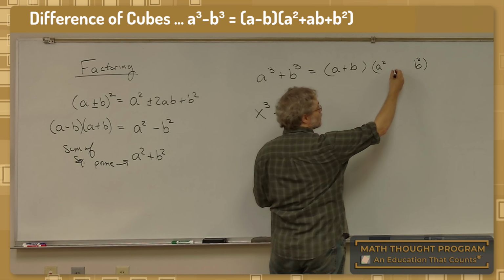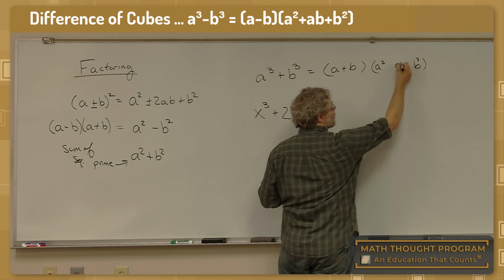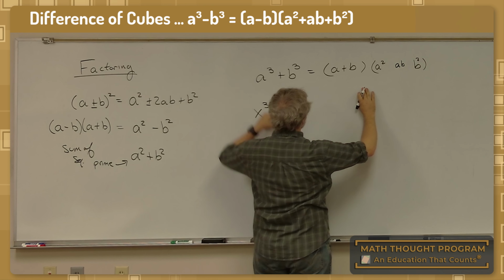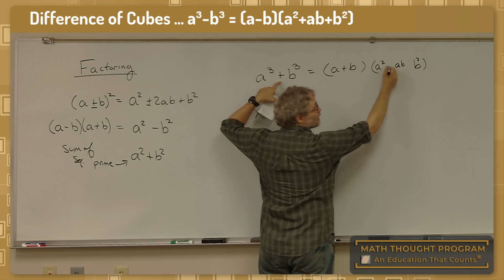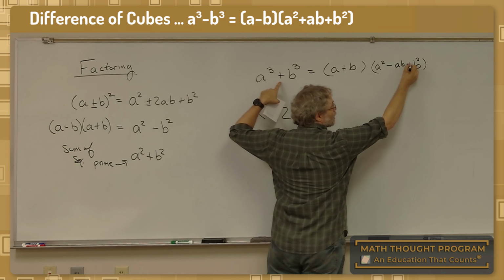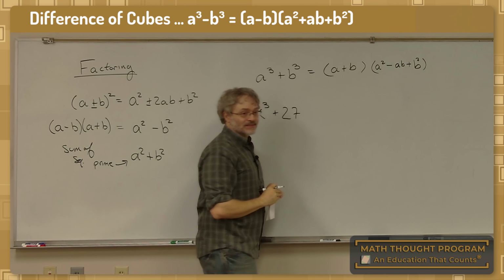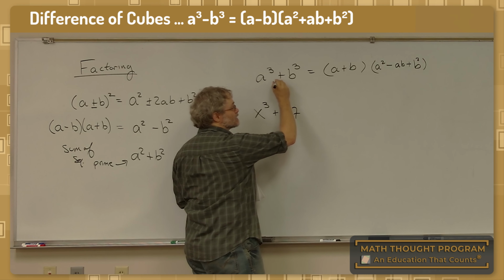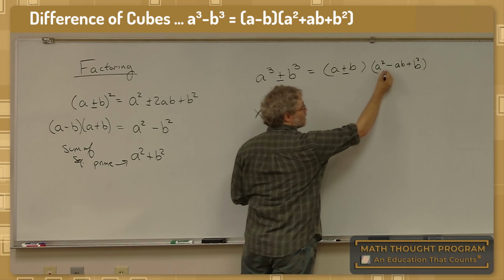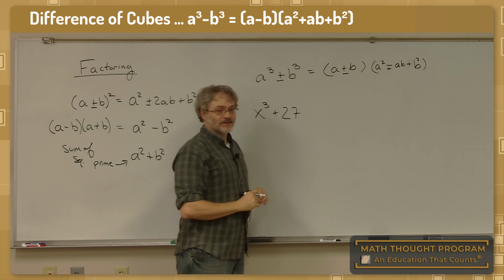Right here in the middle, you're going to pick up an ab, and you're going to have to reverse the sign. So if this is plus, that's minus. If this is minus, then that's going to be plus.